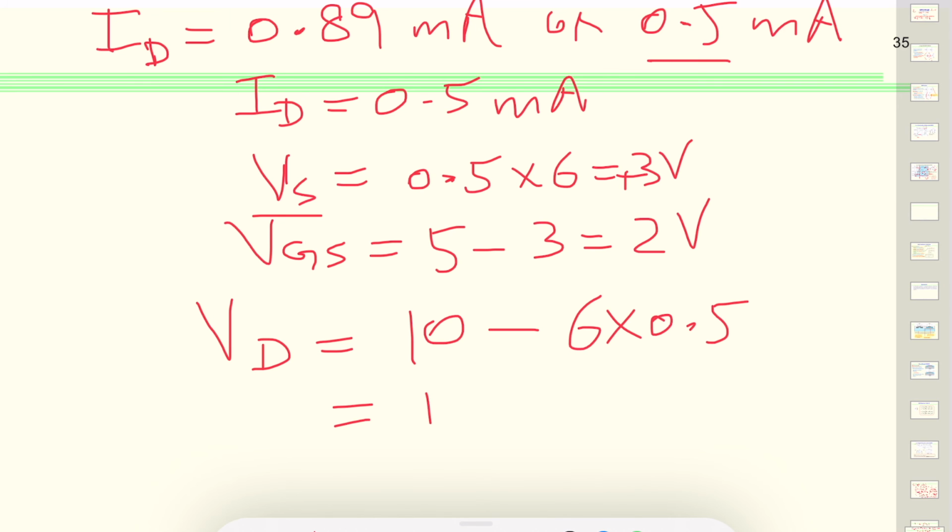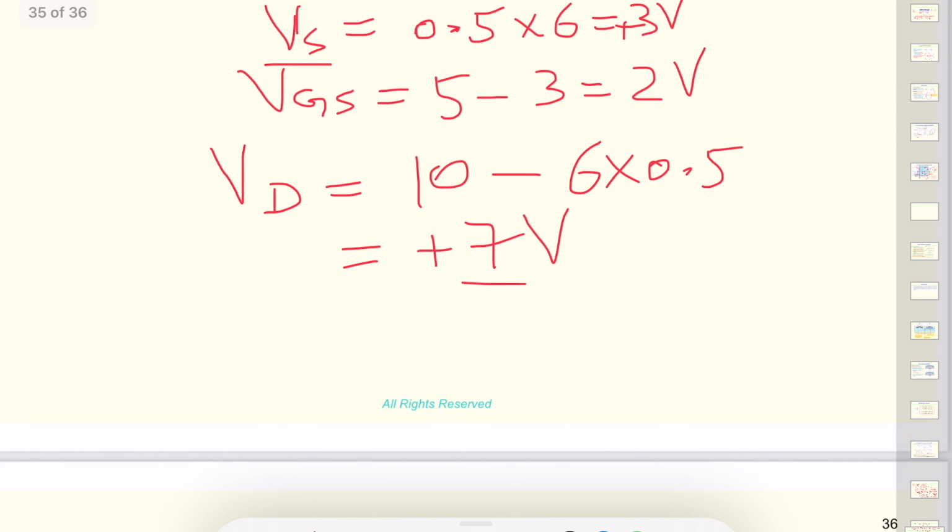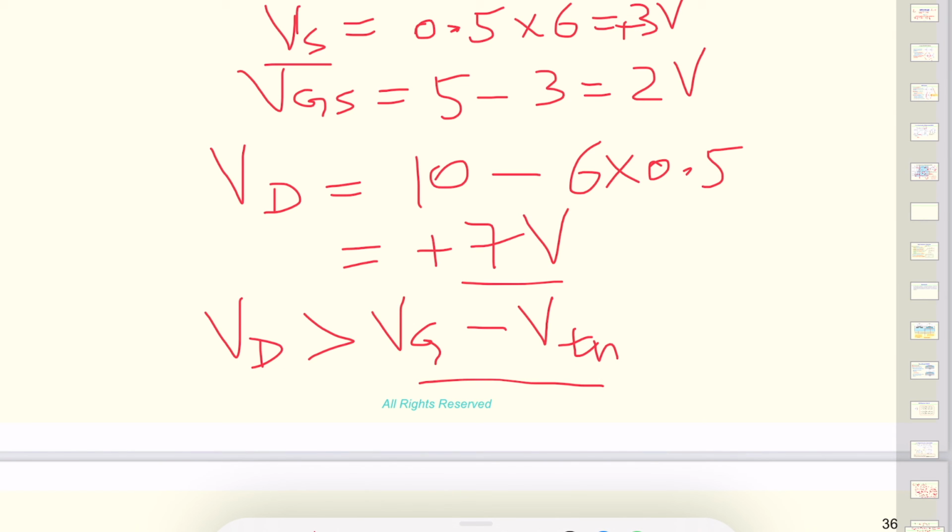So that gives us plus 7 volt. Now this clearly fits the relationship that it is greater than the overdrive voltage. So hence the transistor is operating in saturation.